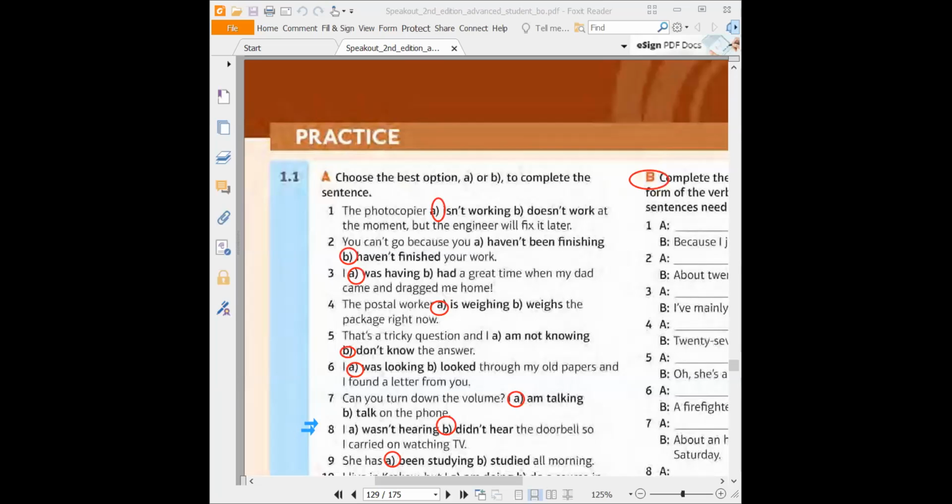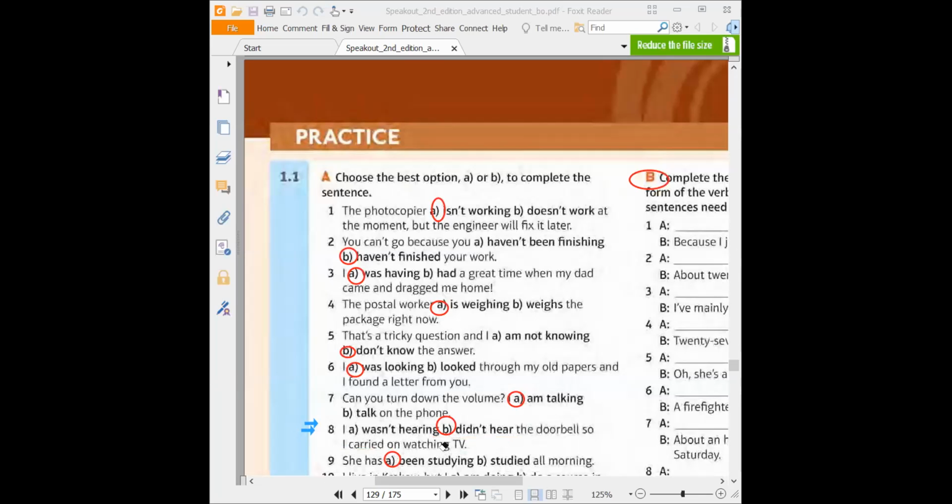This is how we use it. Plus, if you look at the sentence, it's two actions, both in the past simple, like two actions that happened at the same time. I didn't hear, so I carried on watching TV. Got it? Does that make any sense for you? Yes.